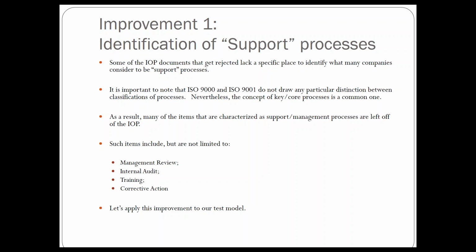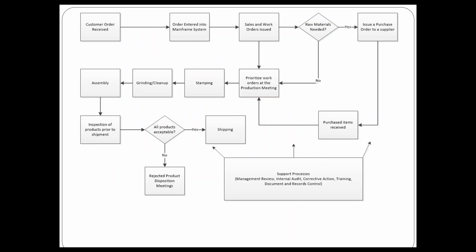So what happens is that, when an organization puts their IOP together, they're considering more their day-to-day activities and not the support activities that are kind of in the background. So for things like management review, internal audit, training, corrective action, and so forth, those things are missing. So let's amend that. Let's fix that.